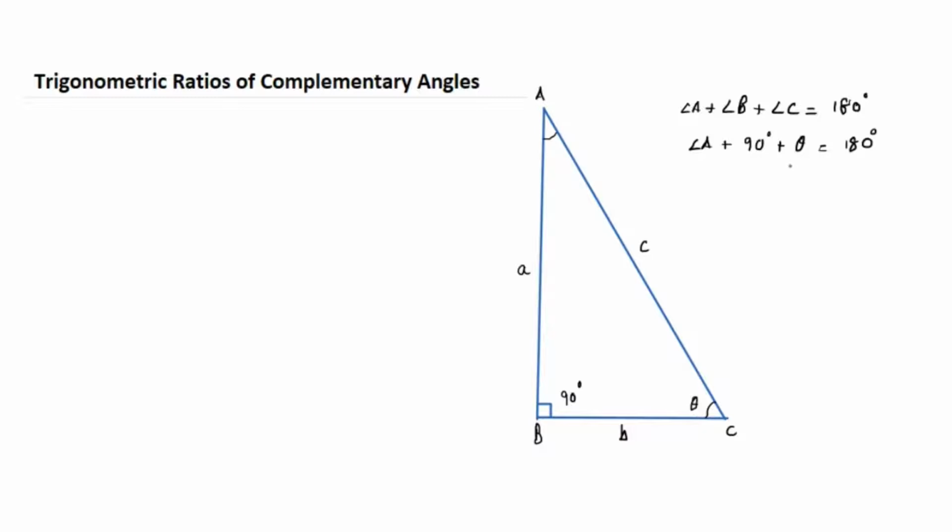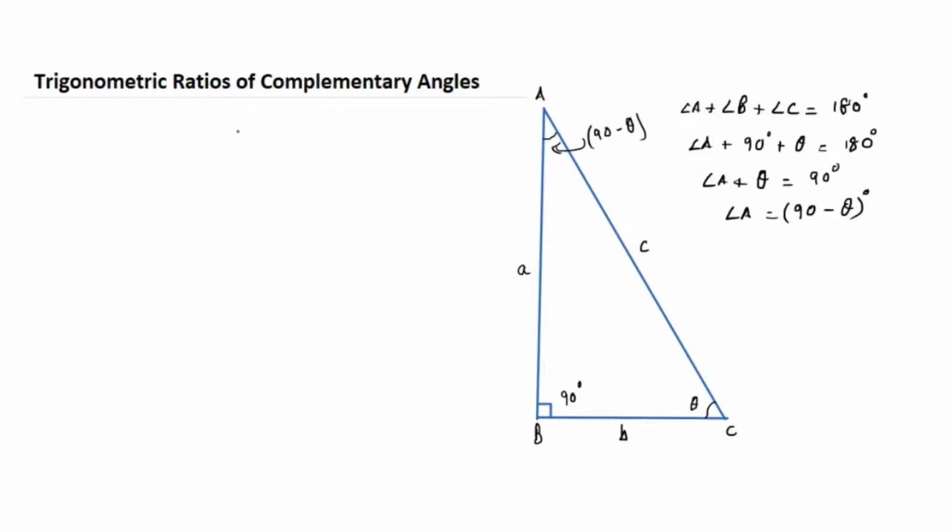I can subtract 90 degrees from both sides, so I get angle A plus theta equals 90 degrees, as 180 minus 90 gives me 90. Then I subtract theta from both sides, so I get angle A is equal to 90 minus theta degrees. So this angle right here is 90 minus theta.